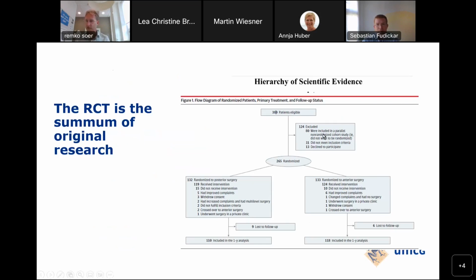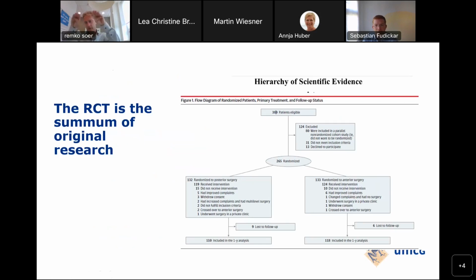Some did not meet the inclusion criteria because the neck herniation was a bit too much on the medial side, for example, and some just thought, well, I don't want to participate at all. Then you have an eligible part of 265 patients, and you randomize them just by the coin or the envelope in our case, into a posterior surgery or an anterior surgery group.